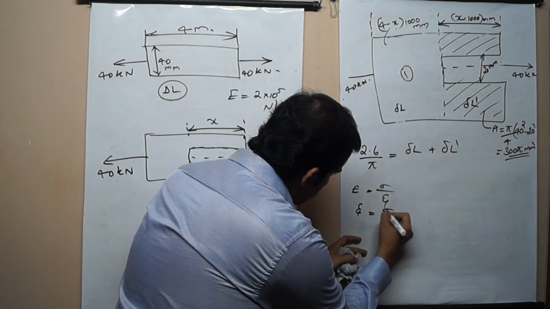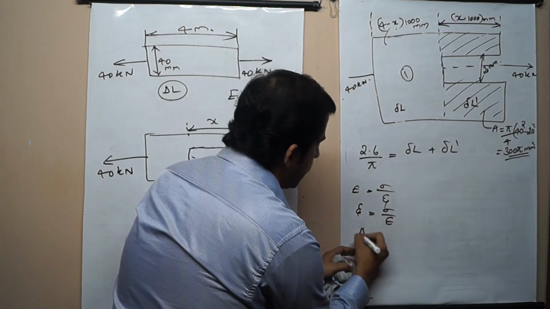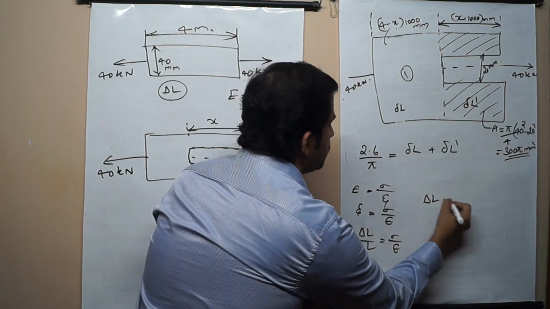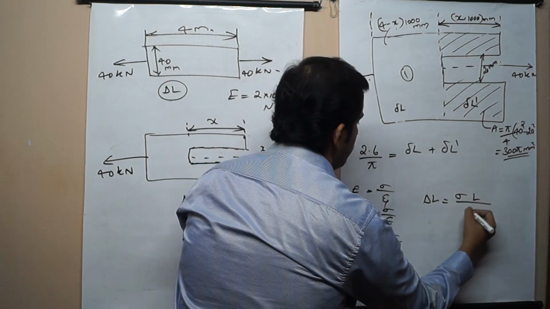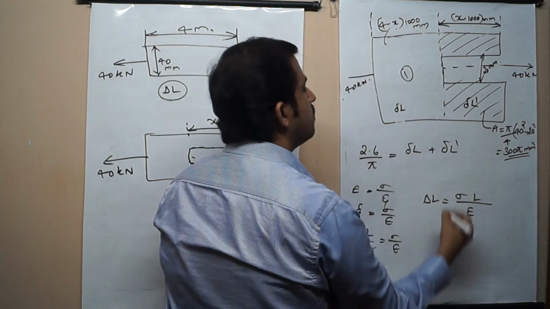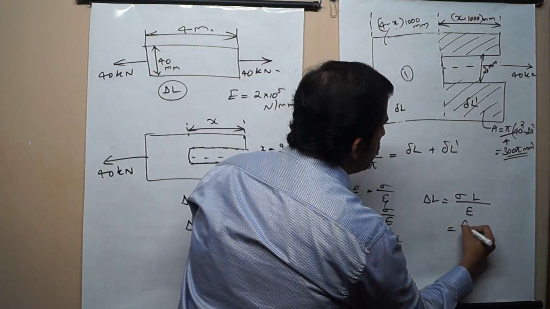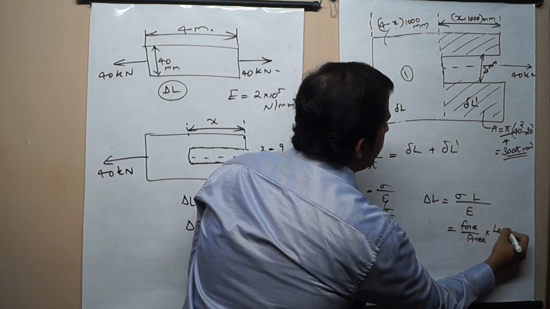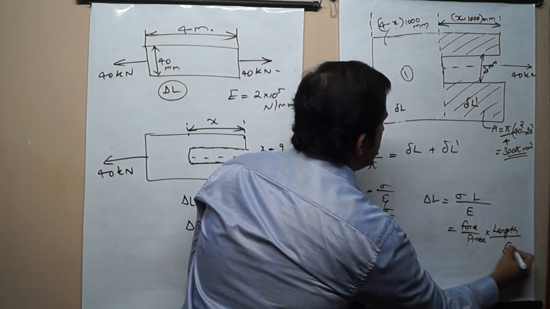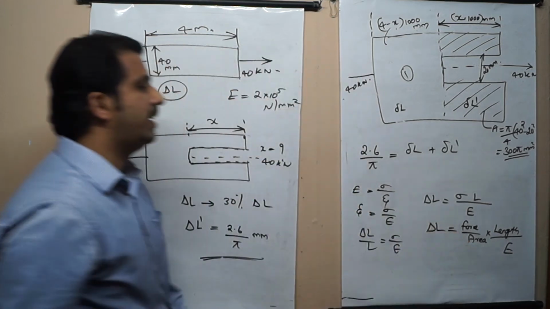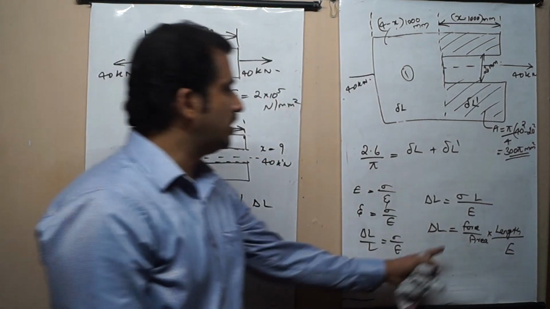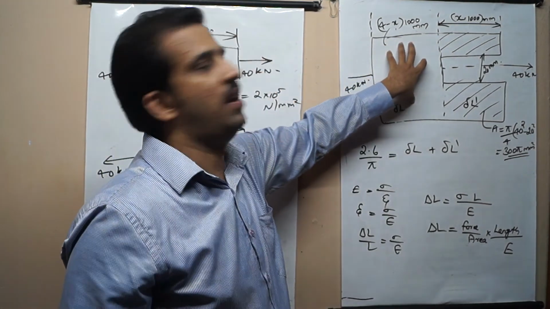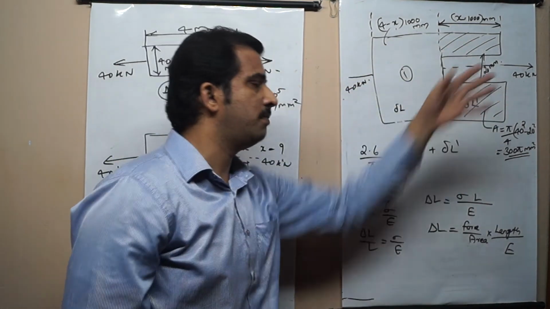Strain is equal to sigma divided by E. Delta L by L is equal to sigma by E. Therefore, delta L is equal to sigma into L divided by E. What is sigma? Again, that is equal to force by area. Force by area into length divided by elasticity. That is the equation for finding delta L. So using this equation, I will find the elongation for this part and the elongation for the second part.